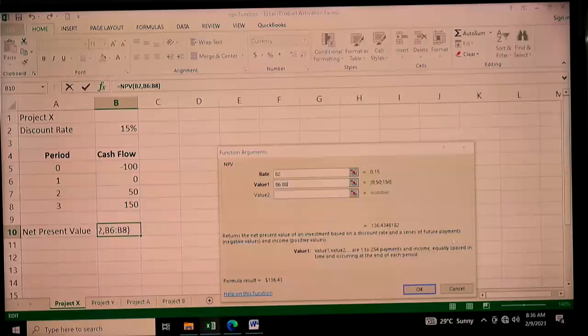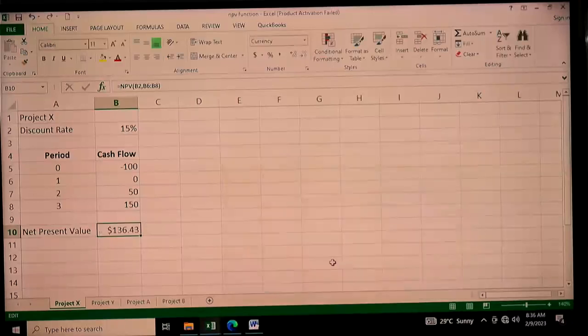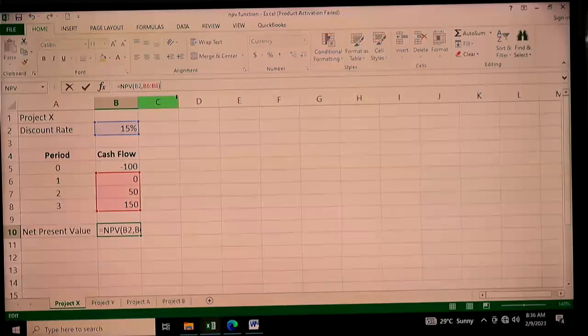Once you do this, you're supposed to subtract the initial investment. Since it was minus, we will not type minus, because it would become minus, minus, plus. So you put plus this amount here, and it will compute our net present value.